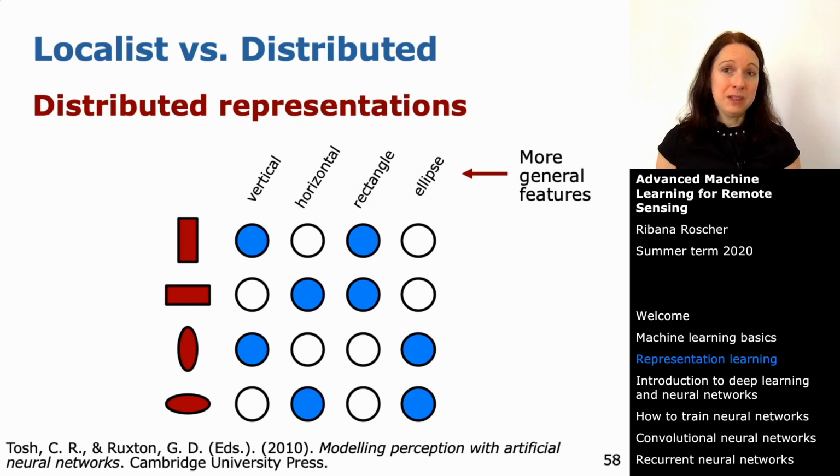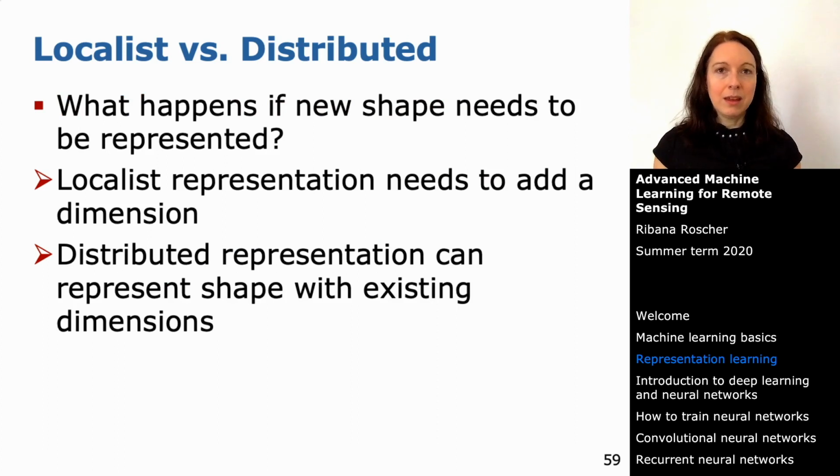Now what you can do is you can use a distributed representation and find much more general features and then mix them. And for example, you can have the features vertical, horizontal, rectangle and ellipse. And if you combine and share these features, you can represent your geometric shapes. So think about now what happens if a new shape needs to be represented. For the localist representation, you need to add a new dimension.